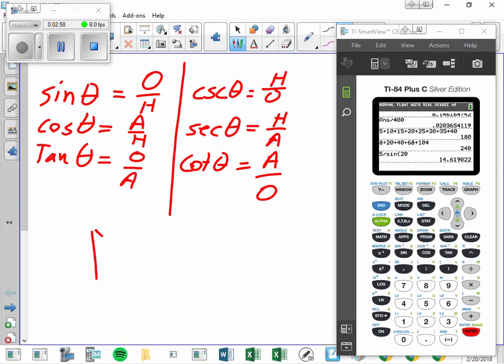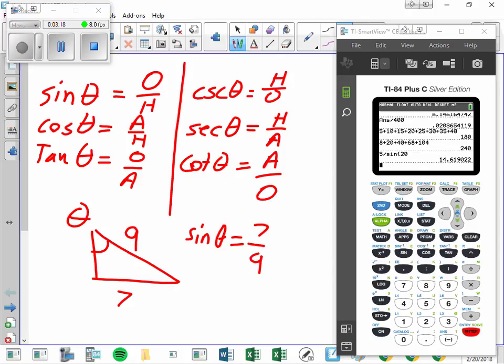What if, how would I find theta? Sine. So we know that the sine of theta is 7 over 9. But I don't want to know 7 over 9, I want to know theta.